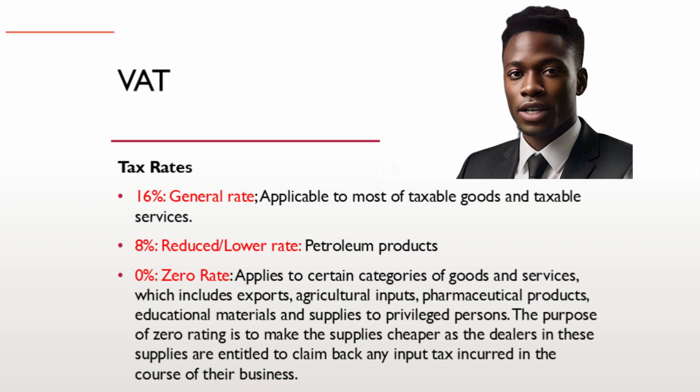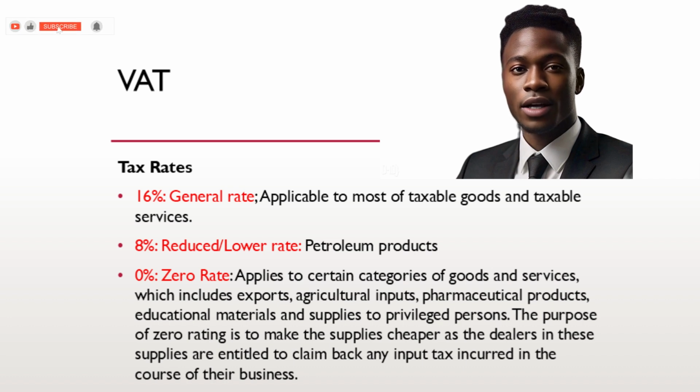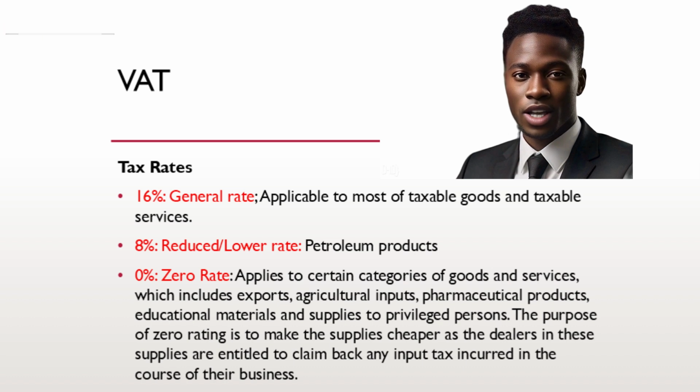The zero rate applies to certain categories of goods and services like exports, agricultural inputs, pharmaceutical products, educational materials, and supplies to privileged persons, such as people with disabilities or those who are in the diplomatic corps. The purpose of the zero rating is to make these supplies cheaper, because the dealers in such goods are entitled to claim back any input tax incurred. This is slightly different than an exempt good. Do you have any questions about these rates before we move on?